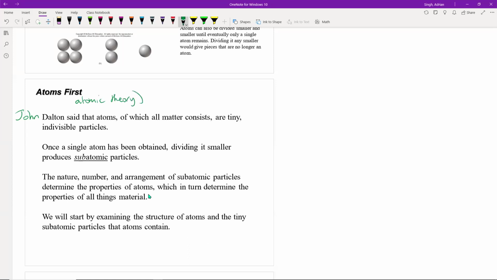Part of that atomic theory says that atoms, of which all matter consists, are tiny, indivisible particles. That's just part of 4 or 5 tenets of Dalton's atomic theory. According to him, these atoms are tiny, they make up everything around us, and they're indivisible, meaning we cannot break them down further.